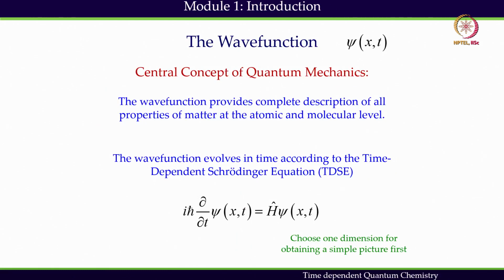Quantum mechanics governs structure, dynamics, physical and chemical properties of matter at the atomic and molecular level. In quantum mechanics, the wave function denoted by psi x,t, for simplicity we have considered one dimension, and once we understand the one dimensional problem, we will be able to move on to the three dimensional problem.